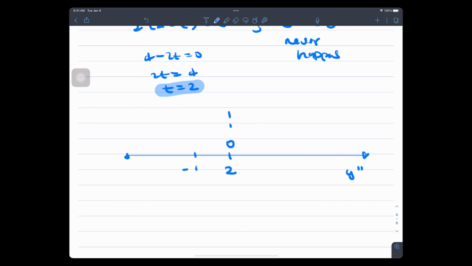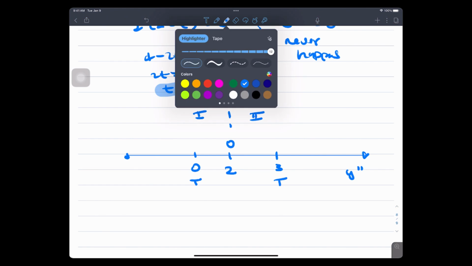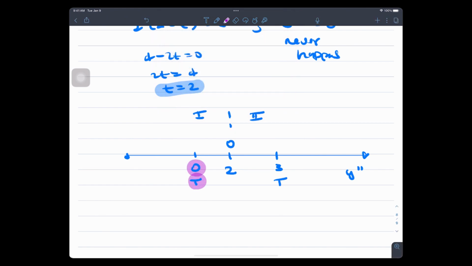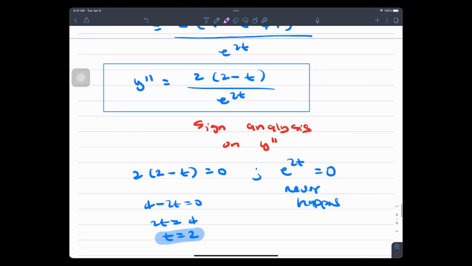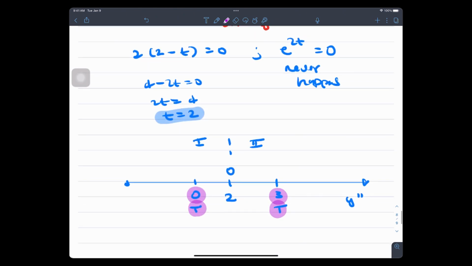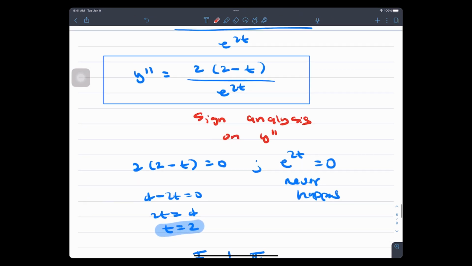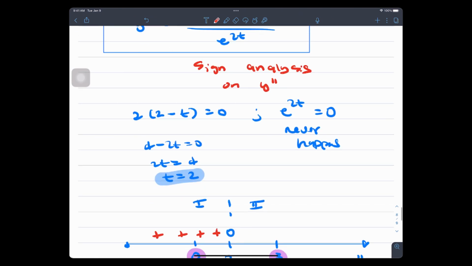So I have a test point to the left on the second derivative, a test point to the right. So I got 2 regions, okay? It's test points, all on the second derivative. So if I plug in 0 on the second derivative, isn't that positive? If I plug in 3, I get negative.